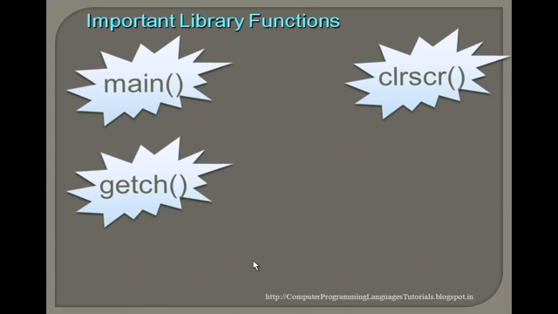getch. Getch is useful to keep the output on screen, only to display output, not an input. If you write a program for the sum of two numbers and you give a message, enter number 1, enter number 2, after that you write a process and then print the output, sum is equal to. In that case, if you miss the getch function, then what happens?